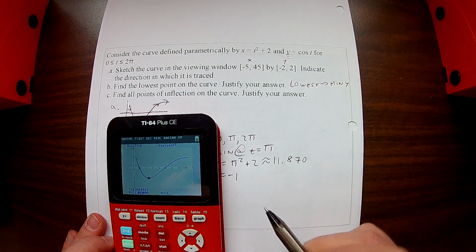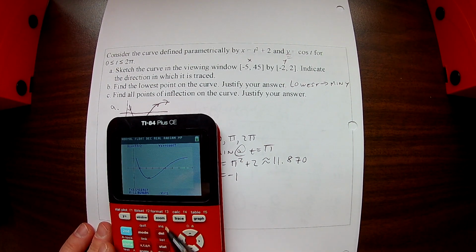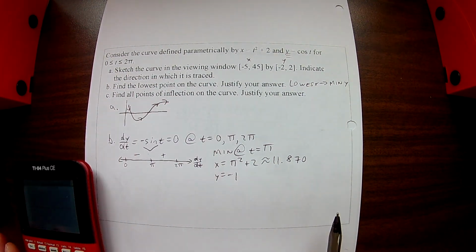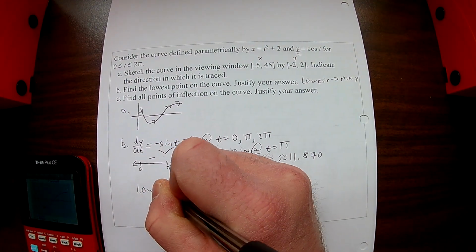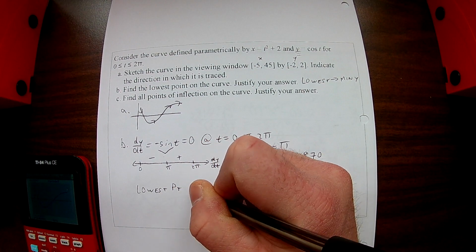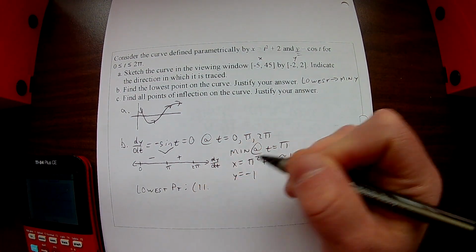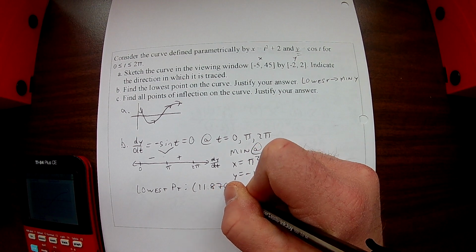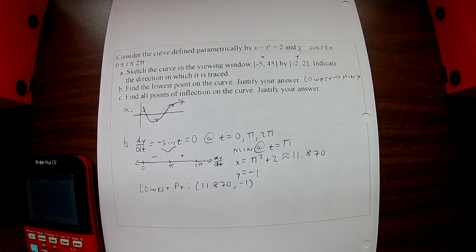It was 11.869604, so it gives me 11.870. And the y coordinate is listed there as negative 1 as well. So my lowest point is approximately 11.870, comma, negative 1. Boom. There. Done. Okay.